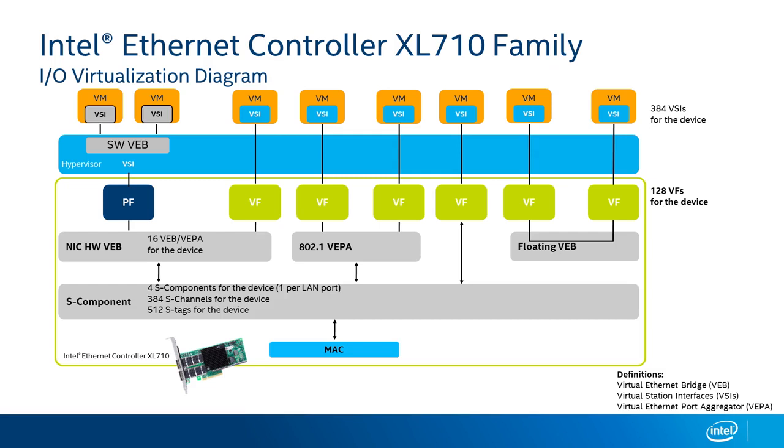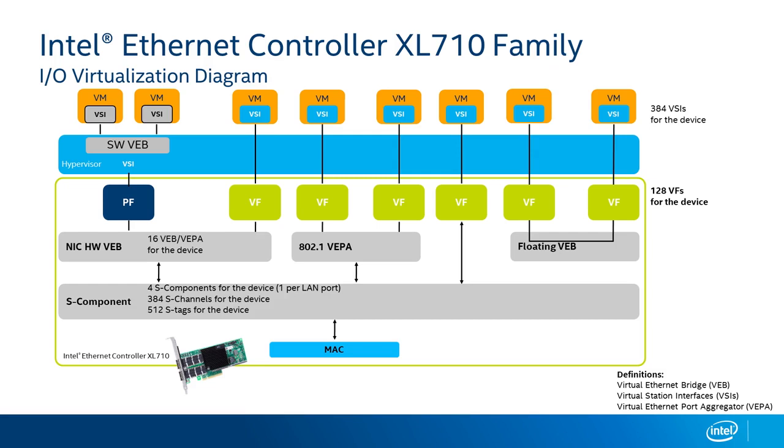The number of supported virtual functions per device is 128, and then, appropriately, either over a virtual switch or connected with SR-IOV, we will have an appropriate number of VMs connected.